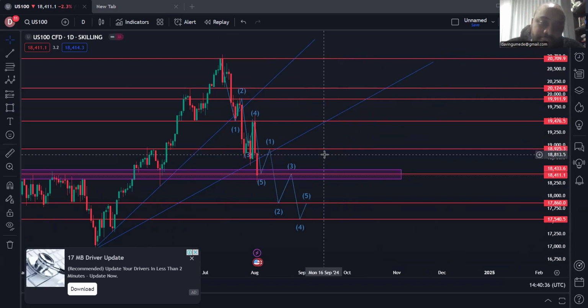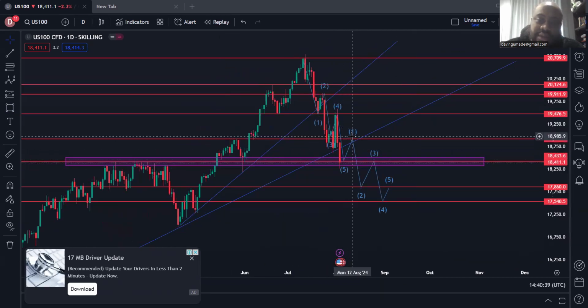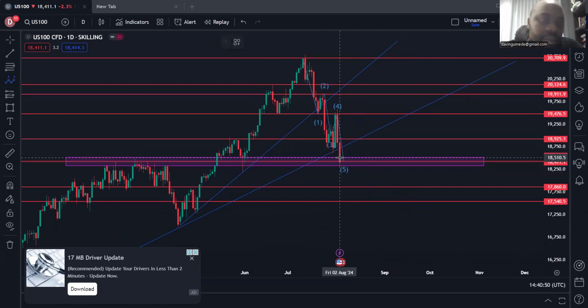So what could also happen is that besides it retracing and touching this trend line here on the daily, I could delete this, bring out my Elliott wave, and you can possibly see it touch through and break through 18,925, and then shoot up until 19,477.